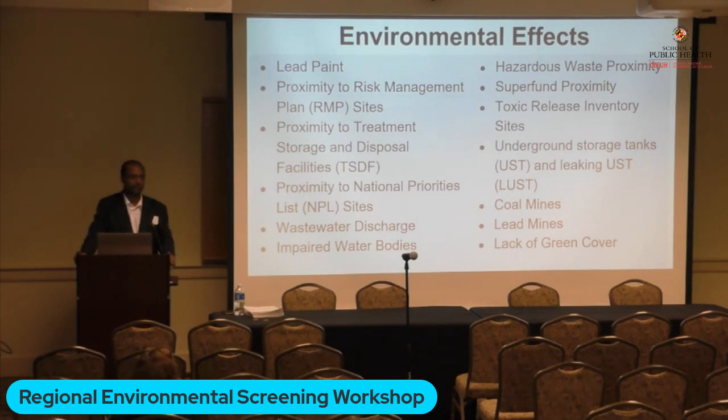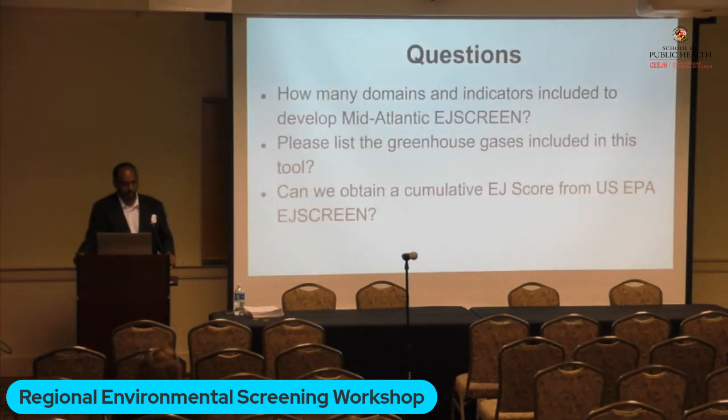Any other questions? So the first question is related to how many domains and how many indicators we use. We classify the whole 65 indicators into 5 domains. So instead of doing individual indicators, we look at it by domain.